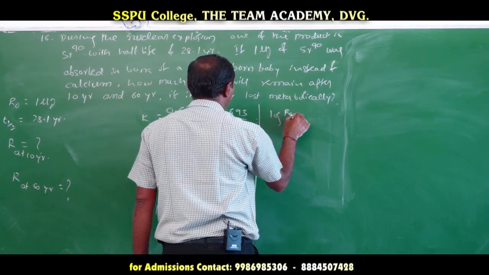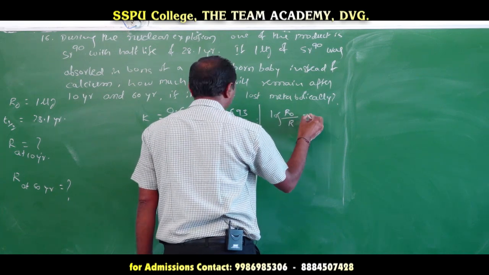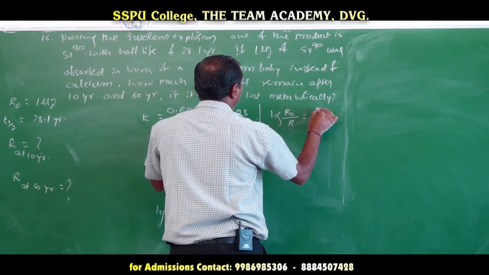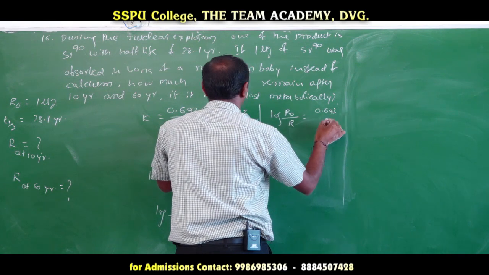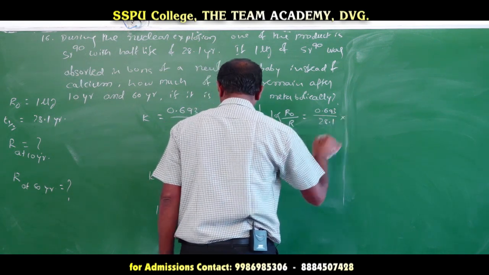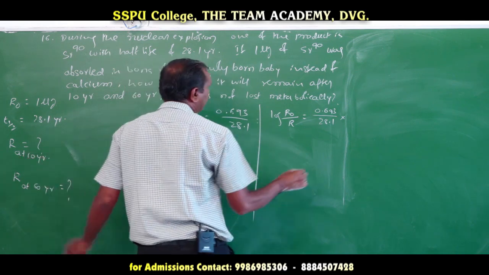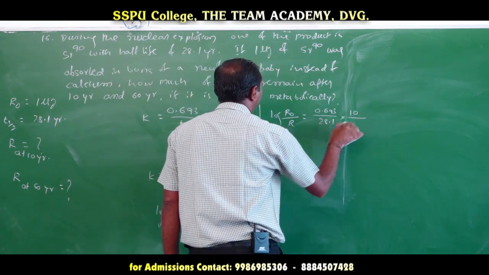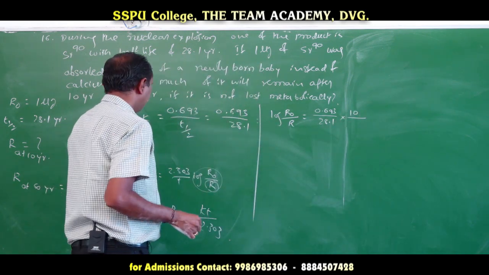Log R naught by R to the base 10 equals K. What is the K value? 0.693 by 28.1, into T, meaning after 10 years, divided by 2.303.